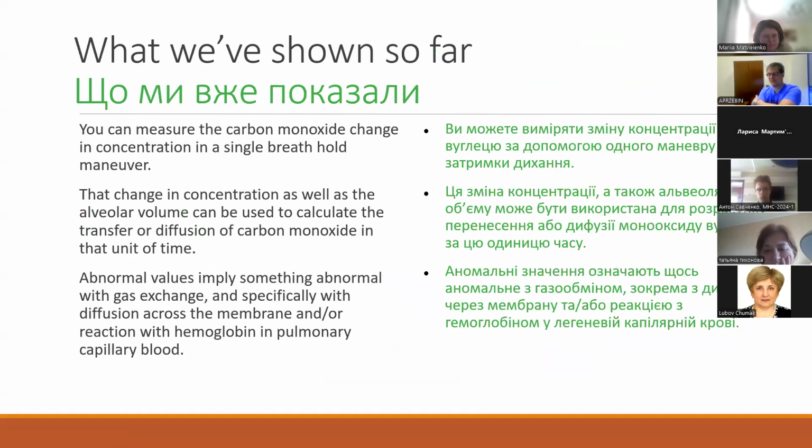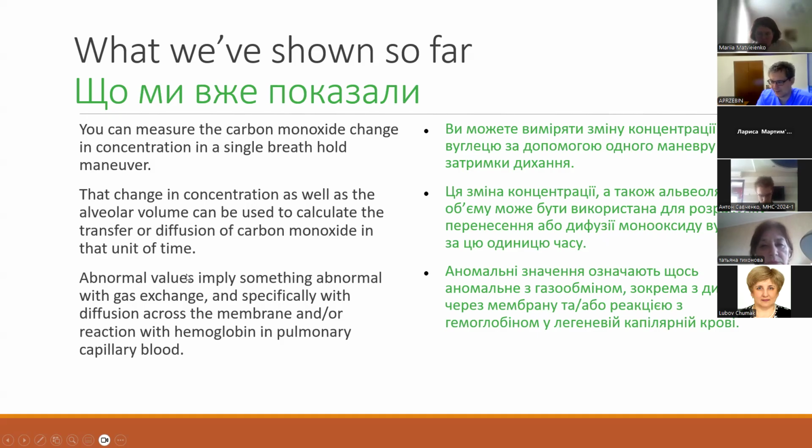So what we've shown so far is that you can measure the carbon monoxide change in concentration in a single breath hold maneuver, and that change in concentration, in addition to the alveolar volume, can be used to calculate how much of the gas is transferred or diffused over time.